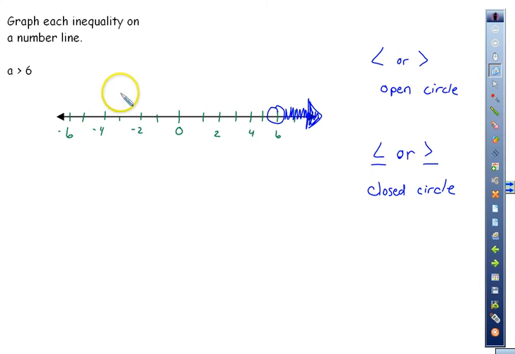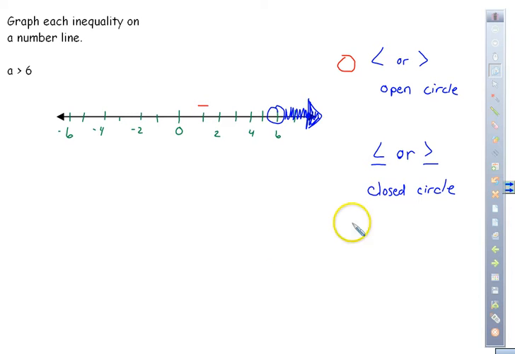On the next one, it says graph each inequality on a number line. Well, we'll give you the number line. What I want you to do is go ahead and hit pause, copy this down right here. Now when we look at this, this is a less than or greater than sign. That is going to be an open circle on my graph, because it does not include the number given.